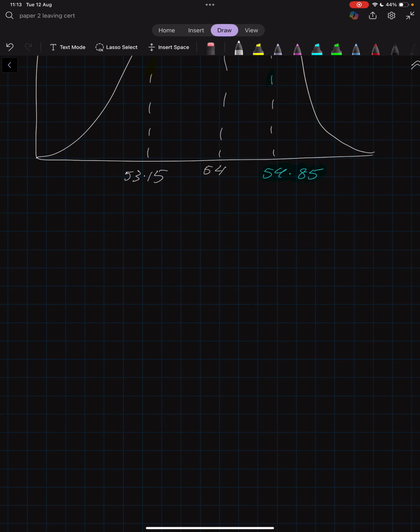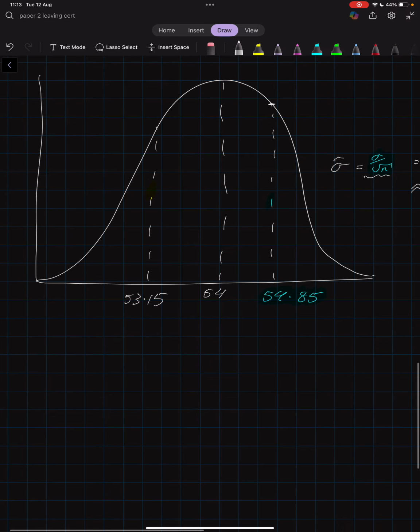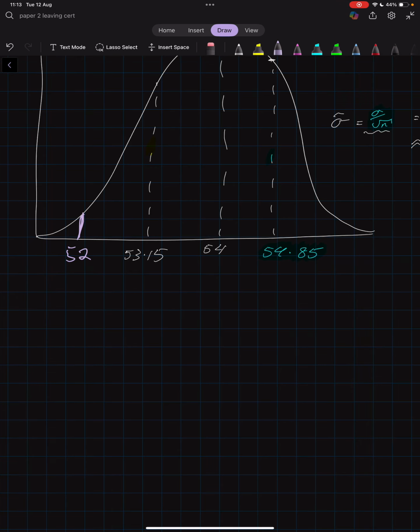Okay. The next one, it says, assuming that the company's claim is true, what is the probability that the magazine's sample has a mean life of 52 months or less? So I want to know, what is the chance that I will find a result of 52 months or less? So basically, what's the area under the graph here?